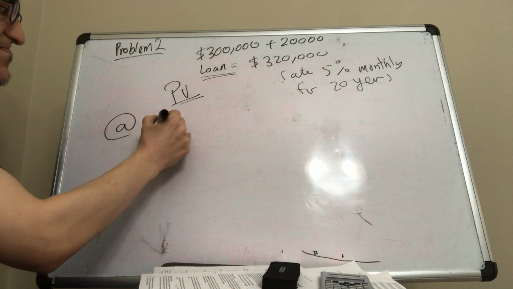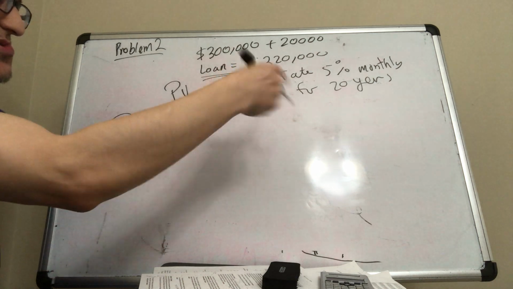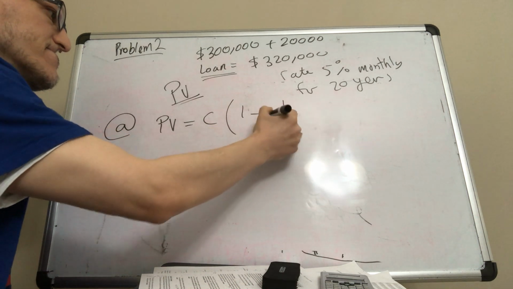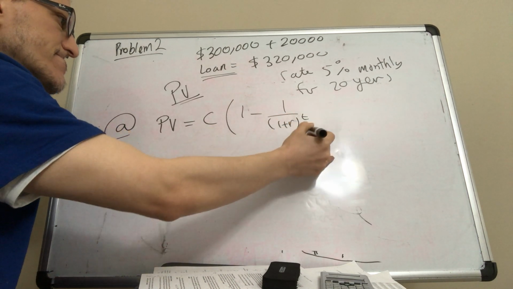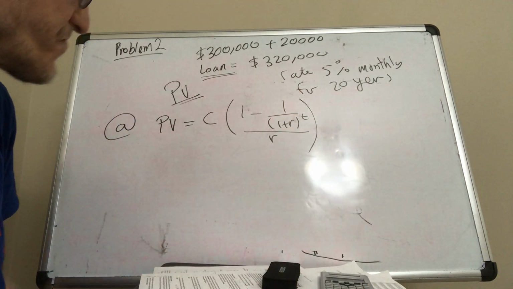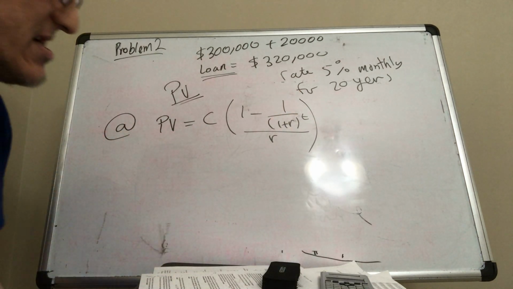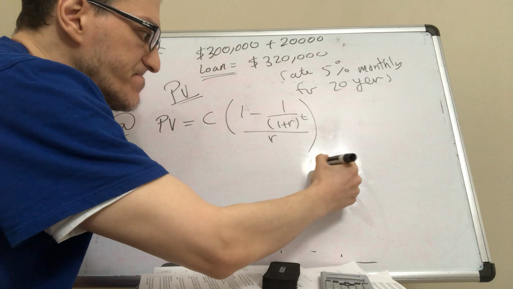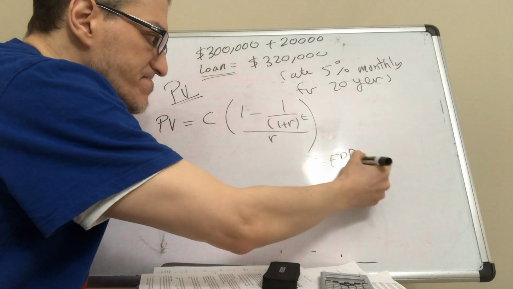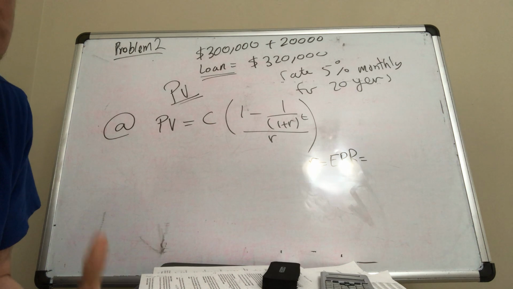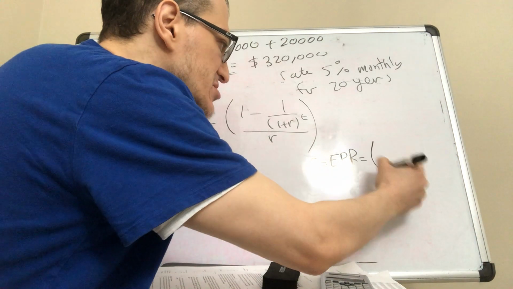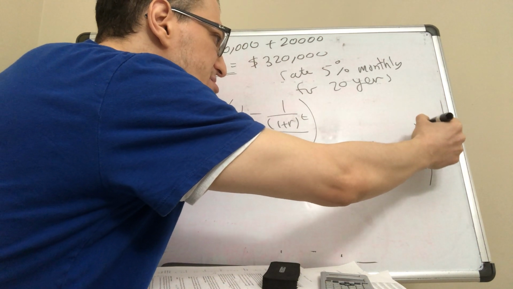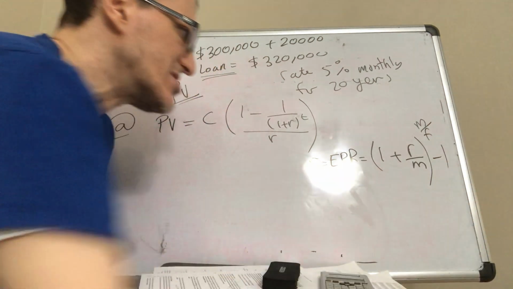For present value, and we know there are multiple payments, we're going to use this formula. And I told you before, make it a habit, always use EPR for R, which is (1 plus R over M) to the exponent M over F, minus 1.